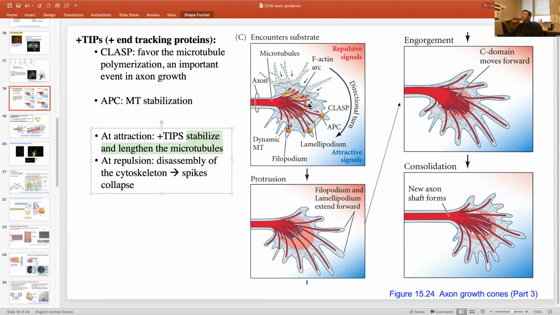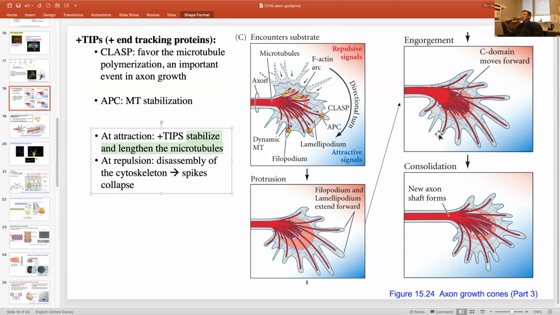Okay. So once they make a decision to move toward the attractive signals, microtubules grow further, along with actin filaments, which are also heavily formed in this area. And then they are extending the cytoplasm, which drags the structure toward the attractive signals.